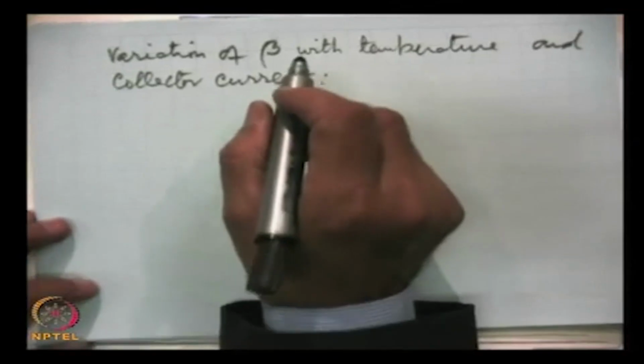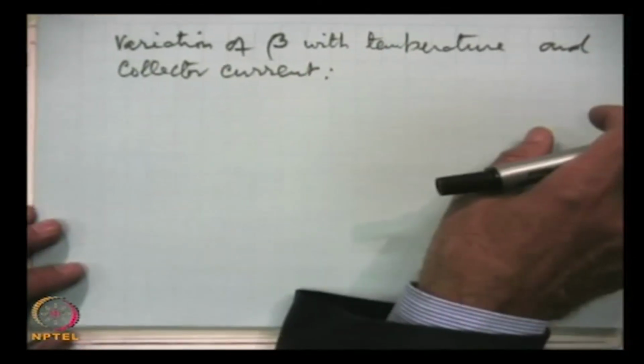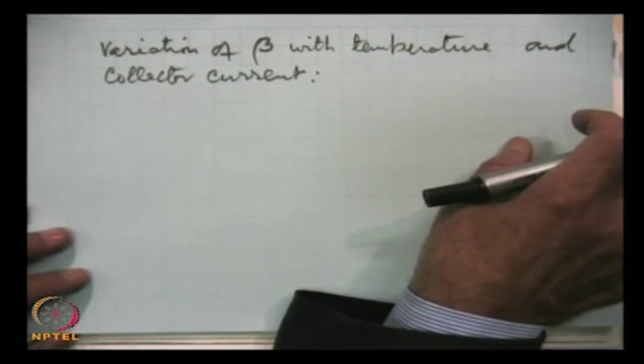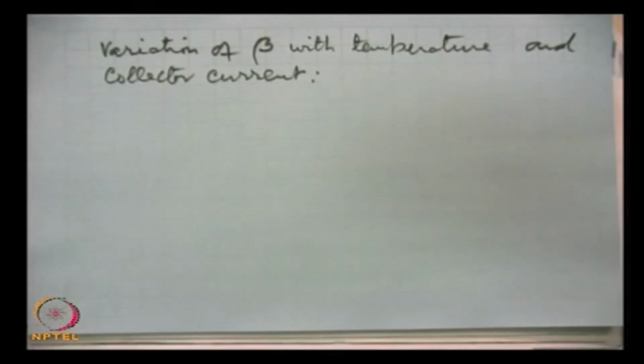Beta is one of the most significant parameters for a transistor. This we have been repeatedly saying, because beta represents the current gain in a common emitter circuit, and 99% of circuits are common emitter circuits.